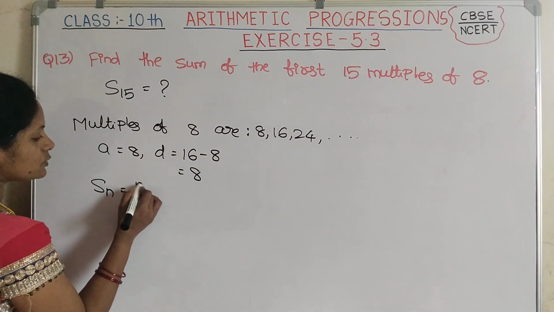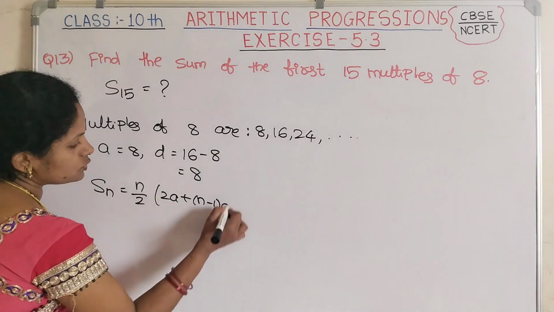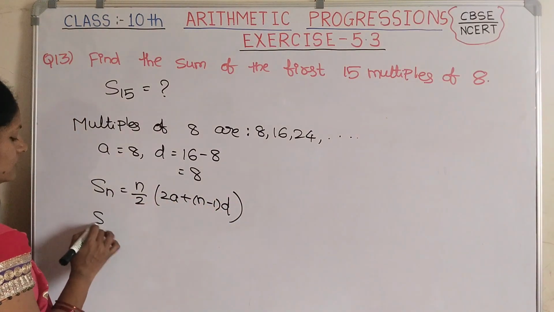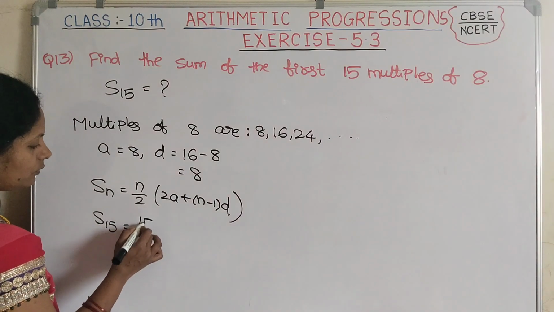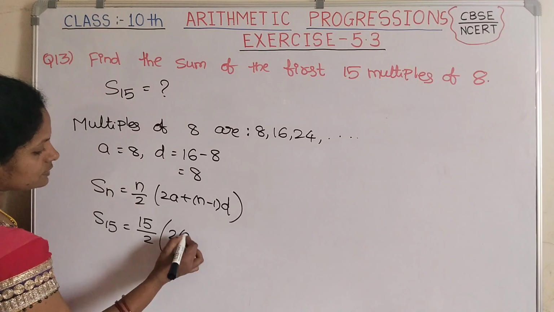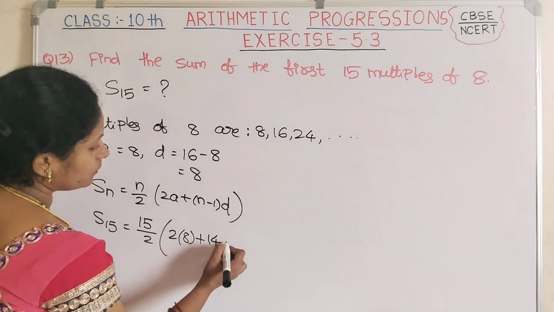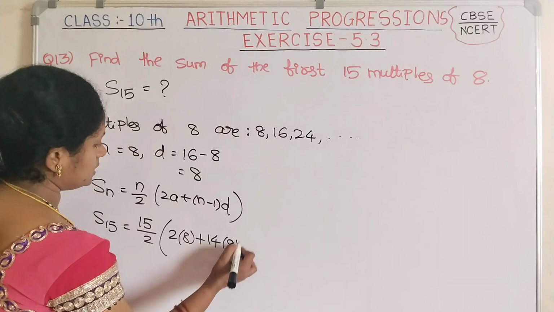Sn is equal to n by 2 into 2a plus n minus 1 into d. So here we have to take S15 is equal to 15 by 2 into 2a. A is 8 plus n minus 1, 14 into d, which is also 8.